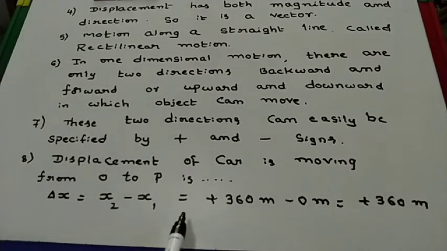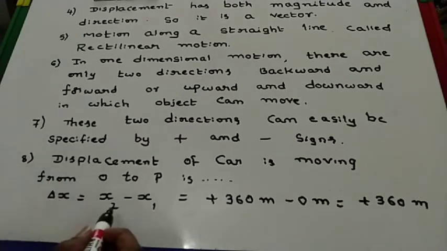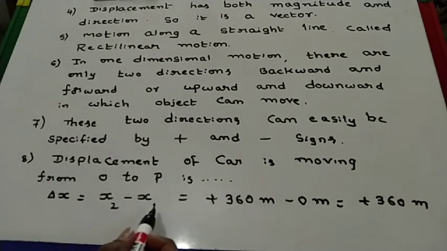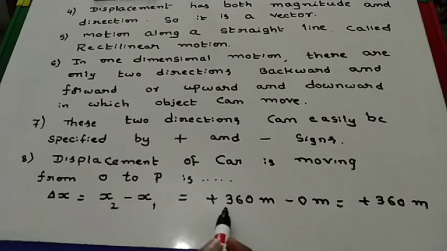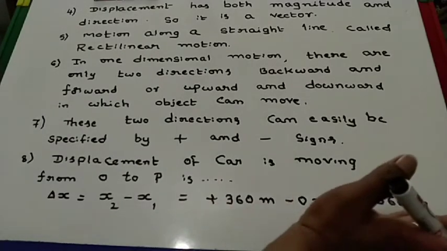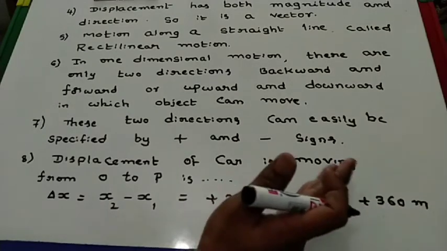Initially I draw a straight line, so please observe that straight line. Delta x is equal to x2 minus x1, that is equal to plus 360 meters. That means upward direction or positive x direction or forward direction.